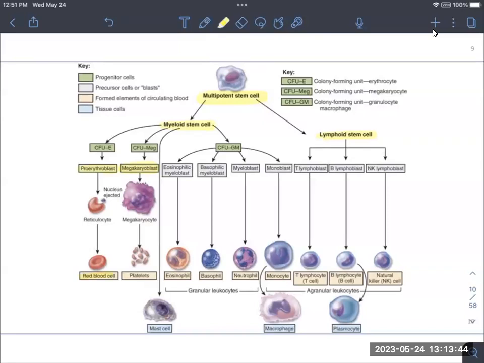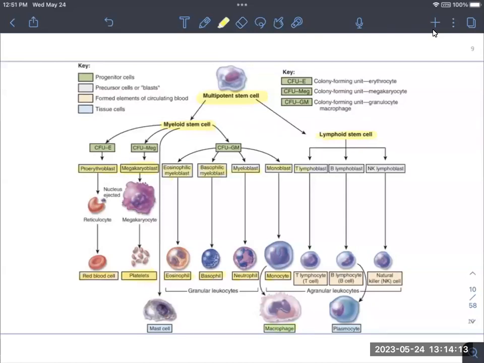This is where platelets come in. And then we have all of our different types of white blood cells. We have an eosinophilic myeloblast for eosinophils, basophilic myeloblast for basophils, myeloblast for neutrophils, monoblast for monocytes that eventually become macrophages.